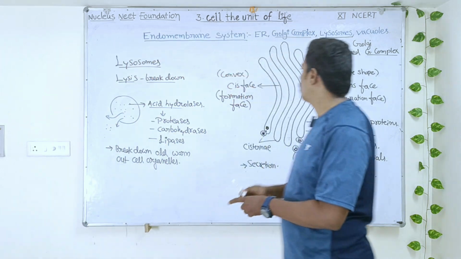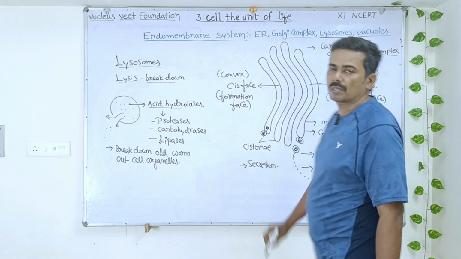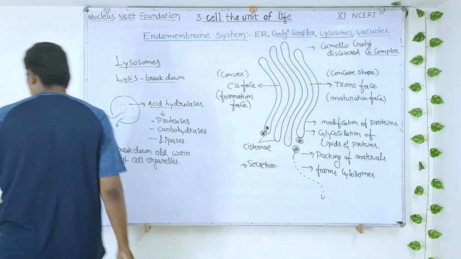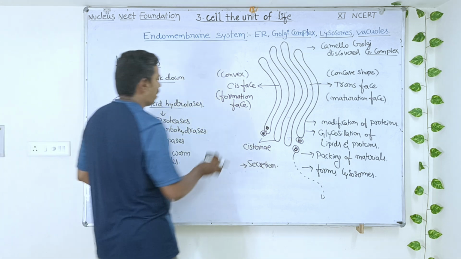Now the last cell organelle of endomembrane system, that is vacuoles. So let me clear some space for vacuoles.